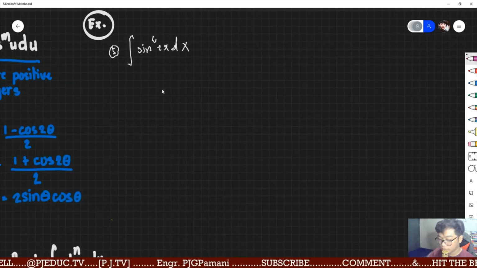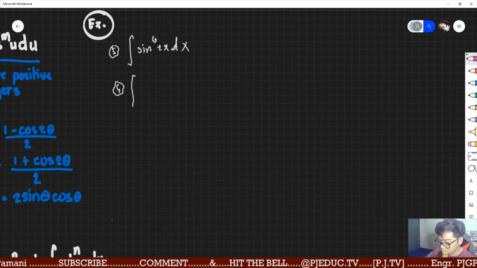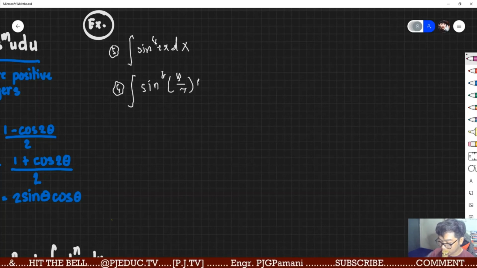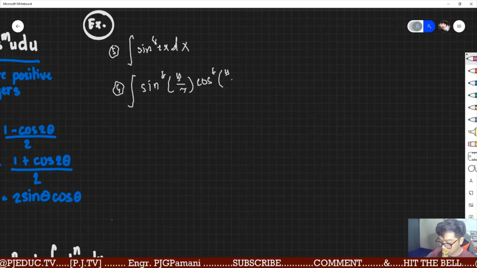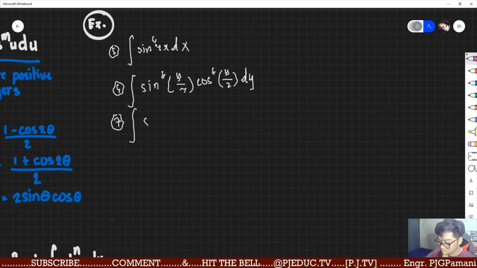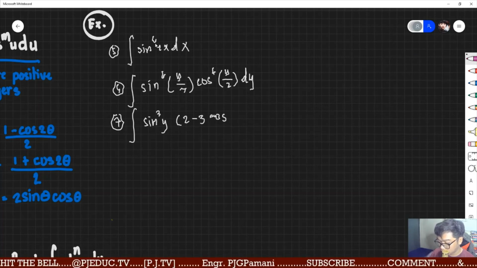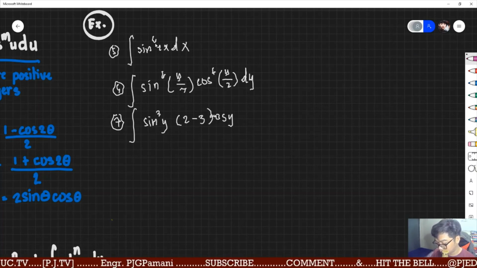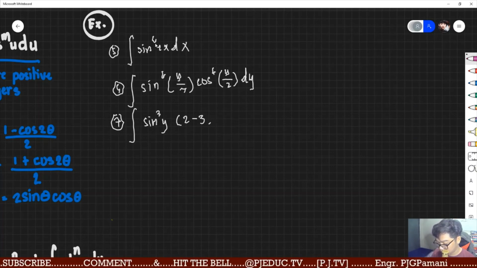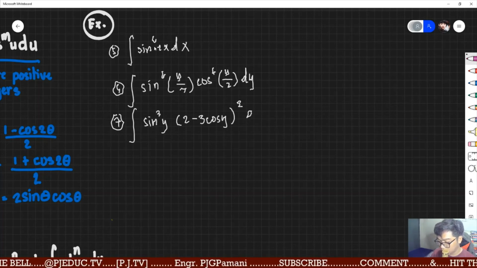Try to solve or evaluate the definite integral of sine raised to 6 2x dx and sine raised to 6 y over 2 times cosine raised to 6 y over 2 dy, and lastly solve sine cube y times 2 minus 3 cosine y raised to 2 dy.